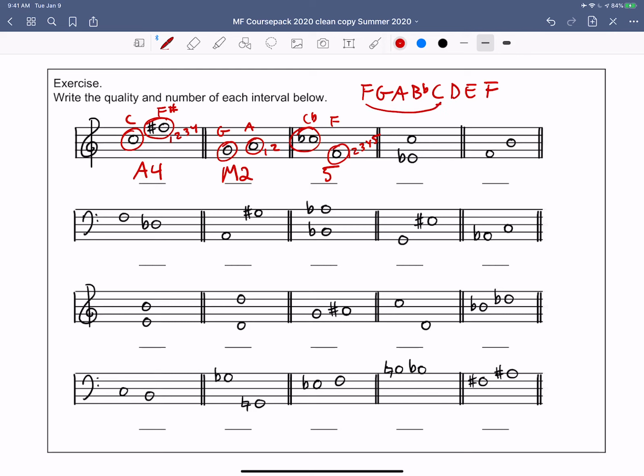So F to regular C has to be a perfect fifth. And what do we have in the real world? We have an interval that's just a half step smaller than that. So the C flat is just a half step closer to the F. So what's a half step smaller than a perfect? A diminished. So this is a diminished fifth from C flat down to F. So as always, please work out the rest of these and check your answers with the solutions manual.